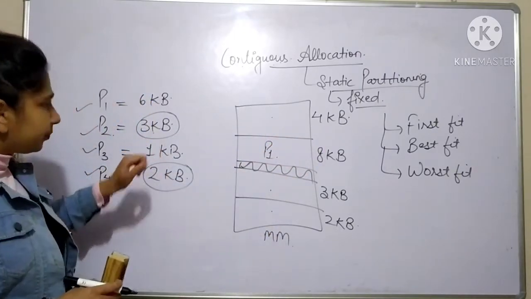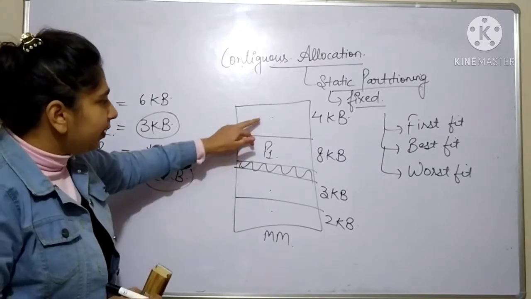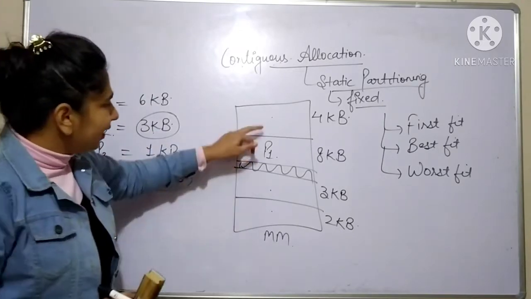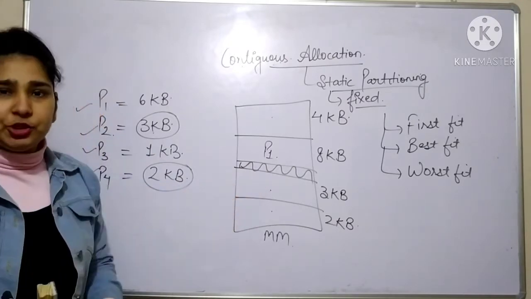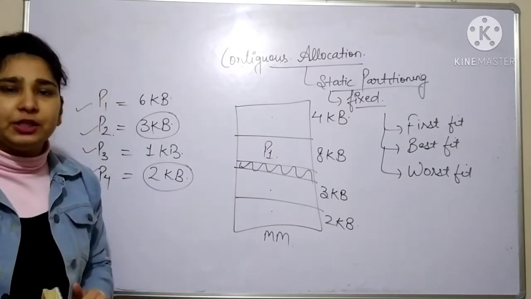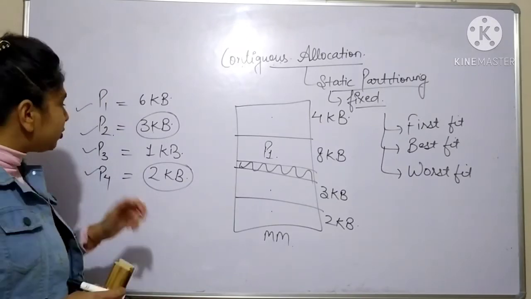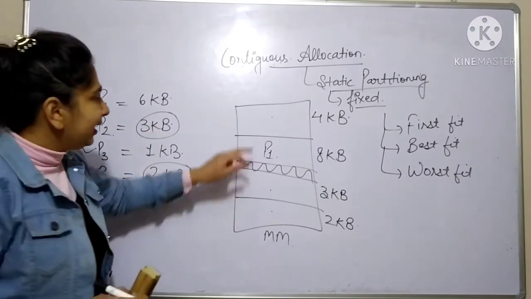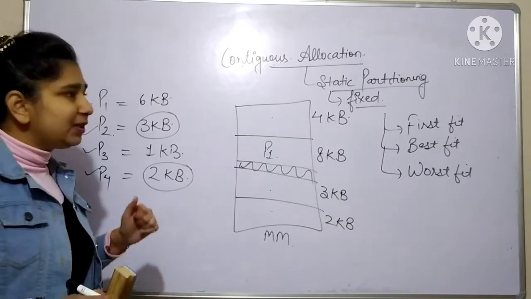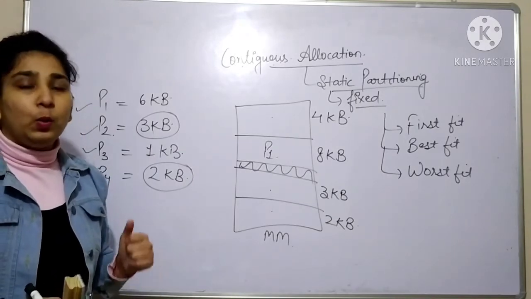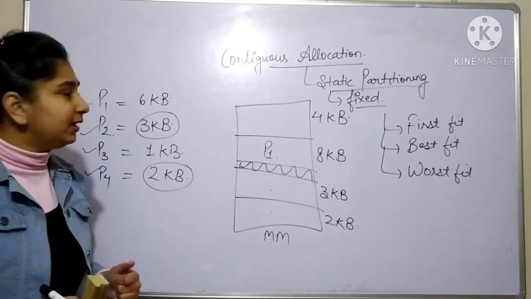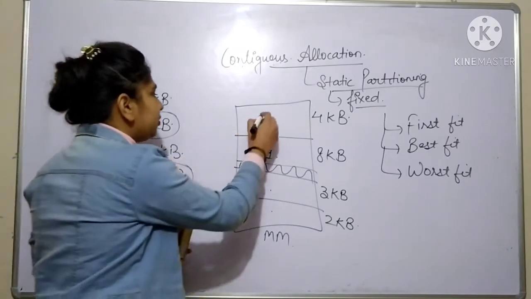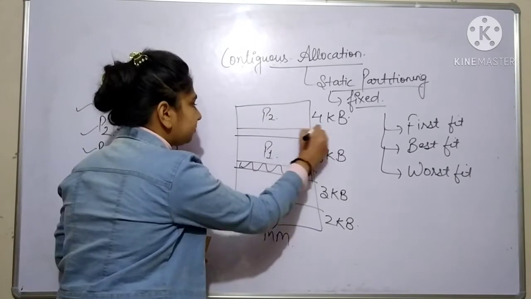A 3 KB process can be stored by this 4 KB partition, as well as this 3 KB partition. But I will be storing my process in the first partition. So I am storing my process P2 here.